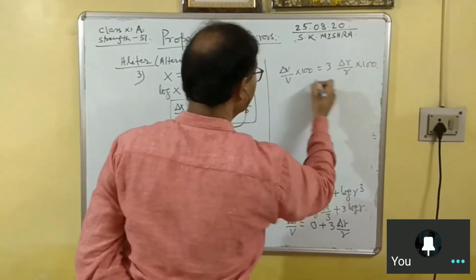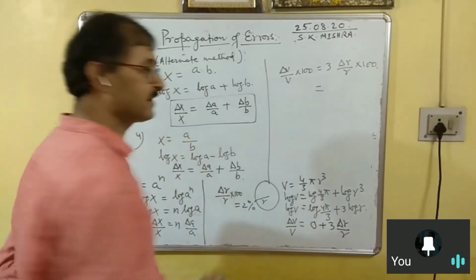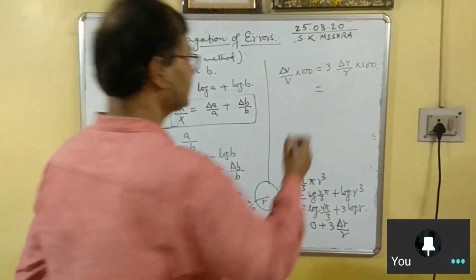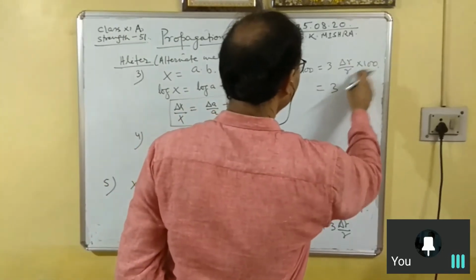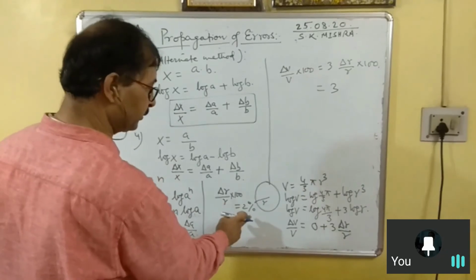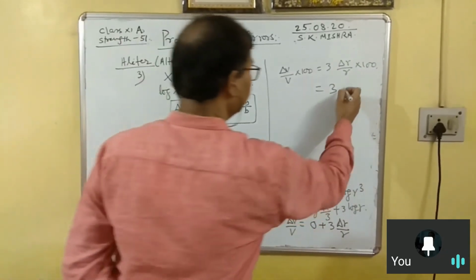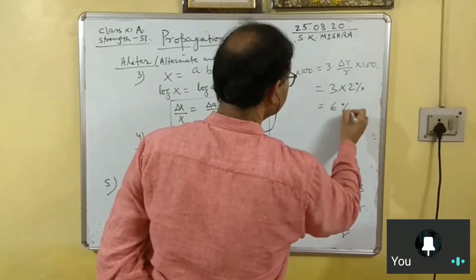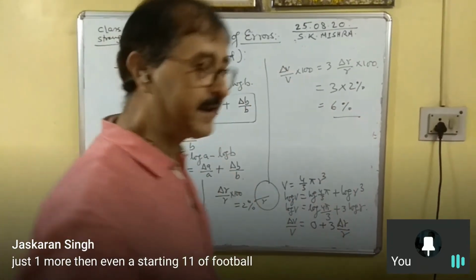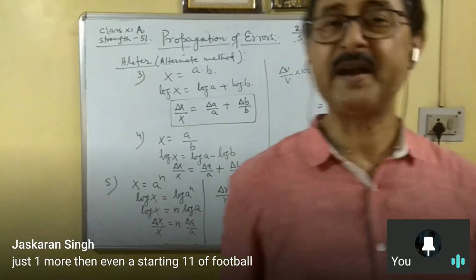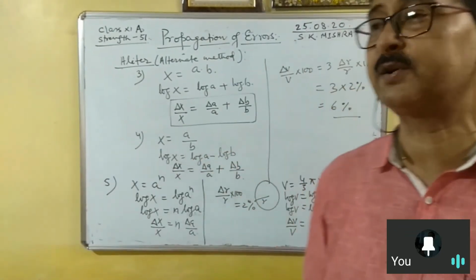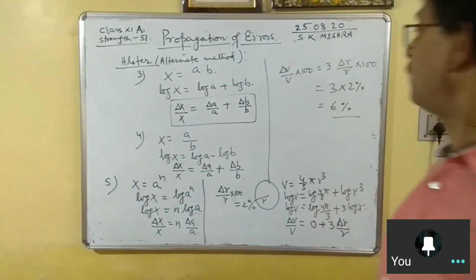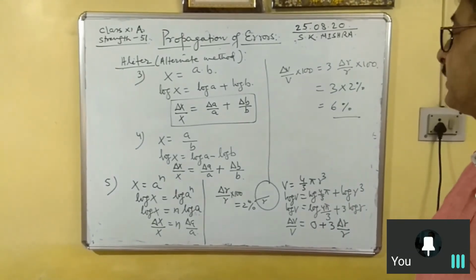So now you are in a position to find the percentage error in volume. This is 3 into delta r by r into 100, which is given to you in the question as 2%. So what should be the answer? It is 6%. If the error in measuring the radius of a sphere is 2%, the percentage error given to you, what will be the final error while calculating its volume?